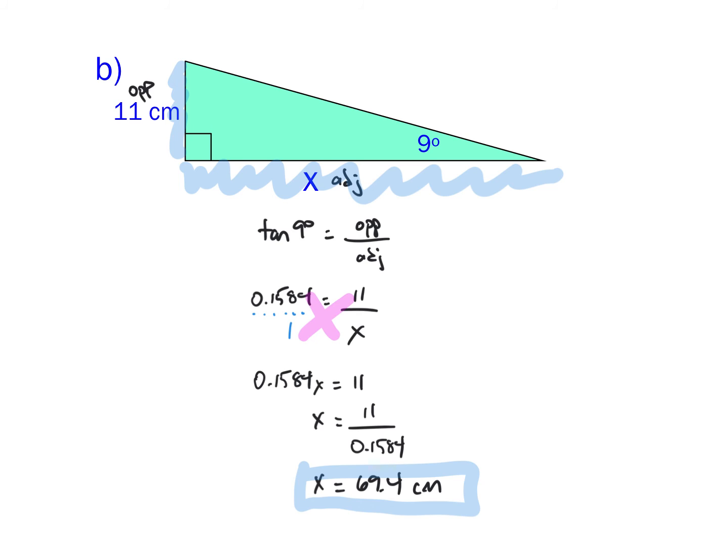If we got an answer, for example, that was less than 11, like say 2.5 or something goofy like that, well, that wouldn't make sense because the picture we see shows that side X is way bigger than 11 centimeters. Now, not all math pictures and questions are to scale, but still we can use it as a guide to help move along our learning and our ideas, okay? So 69.4 centimeters is the length of side X.